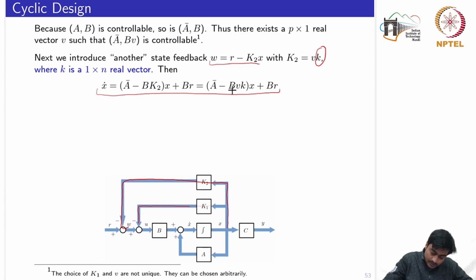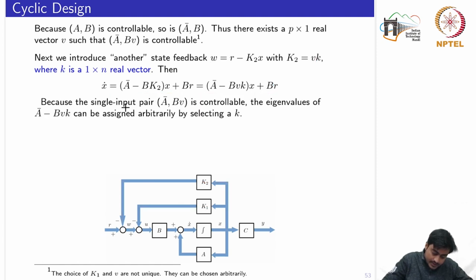So this would become the closed loop state matrix A bar minus B times V times K, and B becomes the distribution matrix of the reference signal R. Now, because the single input pair A bar, B times V is controllable, the eigenvalues of the closed loop state matrix can be assigned arbitrarily by selecting a K.